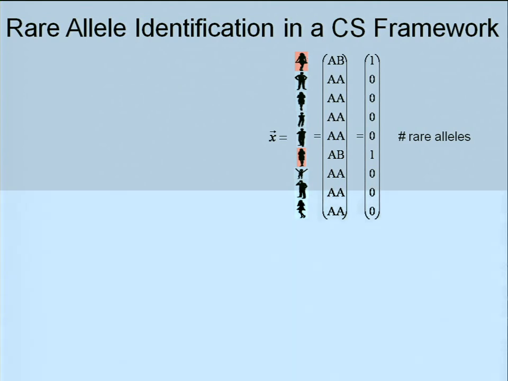What we're after is this vector of unknowns. Each entry corresponds to an individual, so it can be AA, AB, or BB. We denote it by a vector of integers where 0 means AA, 1 means AB, and 2 means BB. So the entry just tells you how many B alleles you have for each individual. This is the unknown vector we're trying to reconstruct.